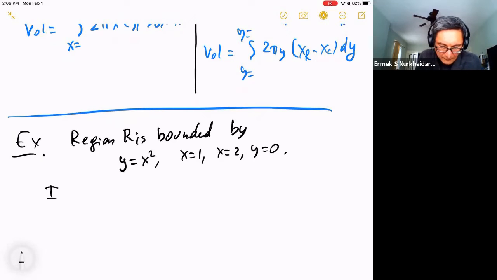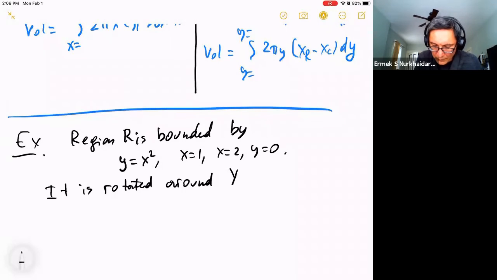It is rotated around the y-axis. Find the volume of that solid of rotation.